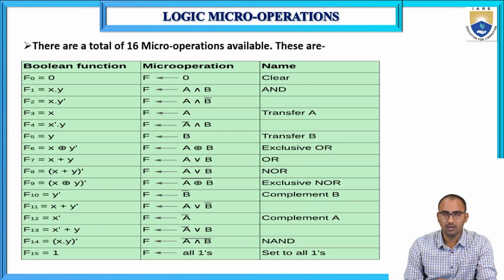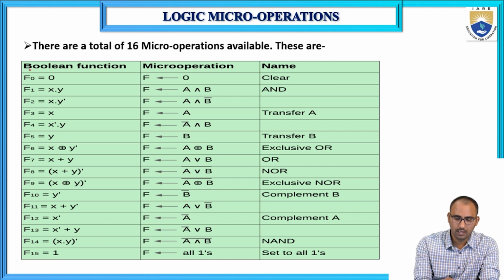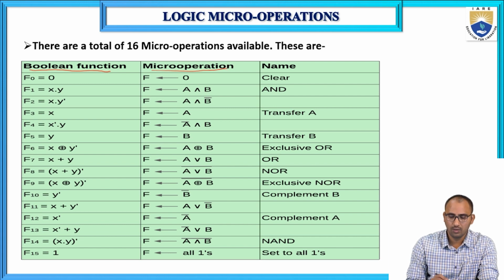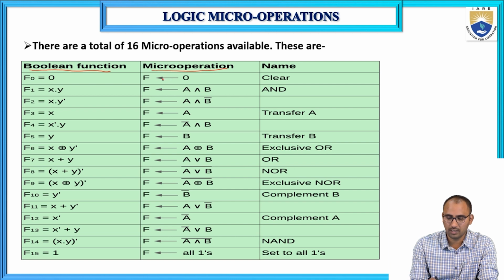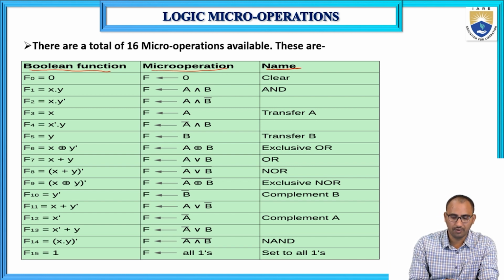Coming to the logic micro operations, there are a total of 16 logic micro operations available. This is a representation of all these operations as a Boolean function and also as a micro operation. In a micro operation, we specify using a replacement operator, that is the arrow, along with the name of the micro operation. Let's start with F0.